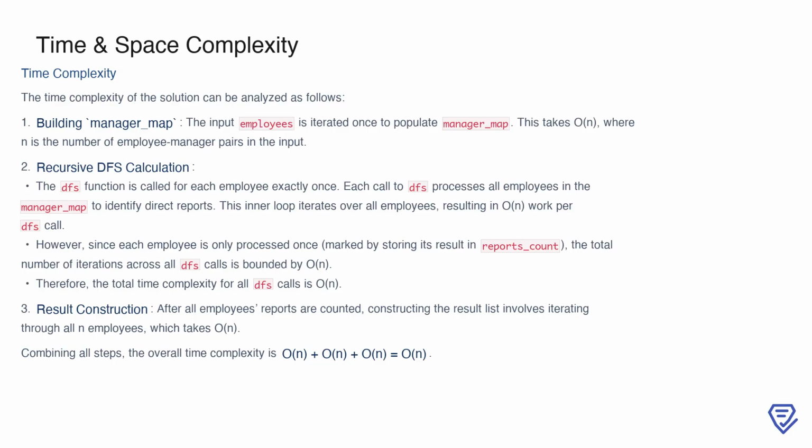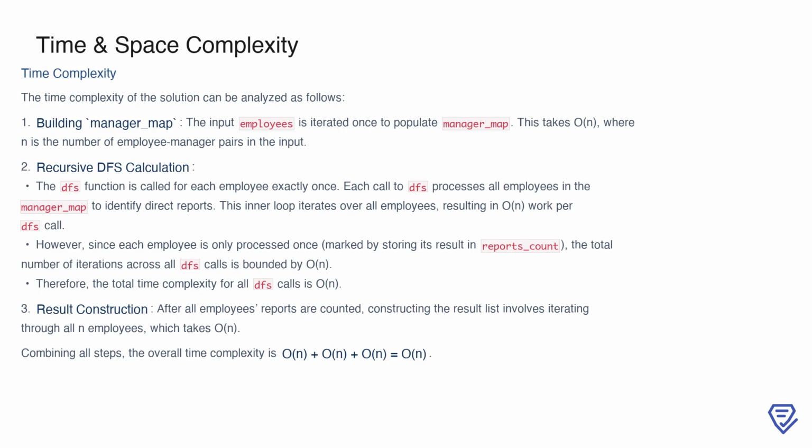Within each DFS call, we process the corresponding manager's direct reports by iterating through the manager_map. Despite this inner loop, every employee is only processed once overall because the results are memoized in the reports_count dictionary. This ensures that the total work done by all the DFS calls combined is bounded by n.